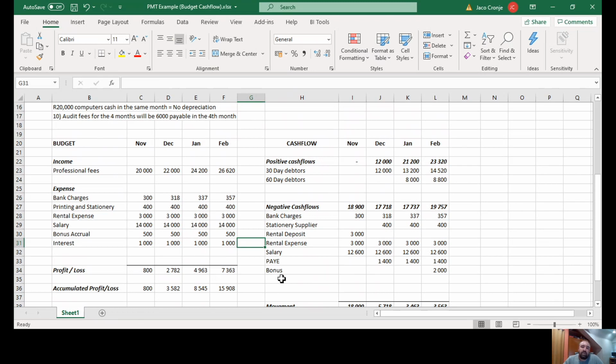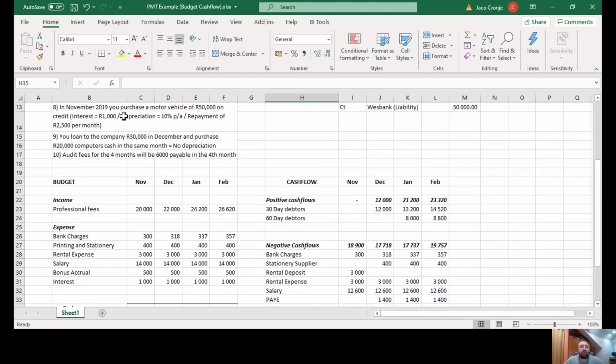Now let's see, should the interest be included in my cash flow? Now, to a certain extent, if you're thinking yes, then you would be correct, because interest will go off my bank account. But remember, the amount that goes off your bank when you finance a car is your interest plus the capital. It's the full installment of the motor vehicle.